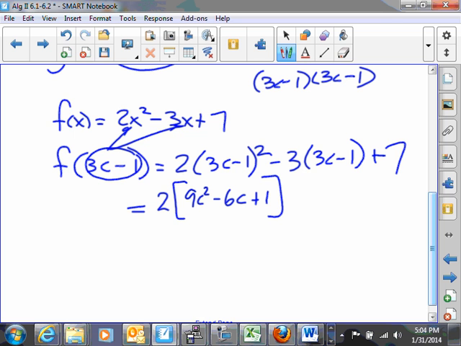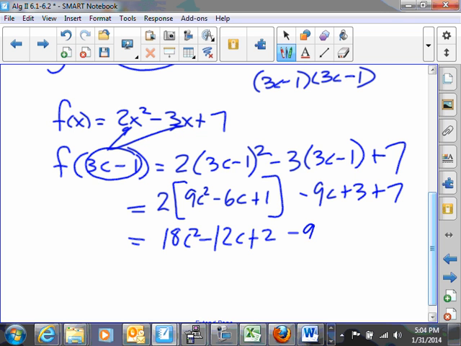And now we have minus 9c plus 3 plus 7. So this becomes 18c squared minus 12c plus 2 minus 9c plus 3 plus 7.